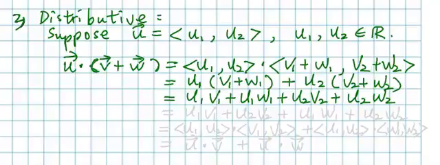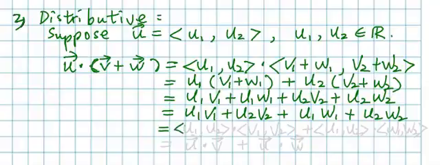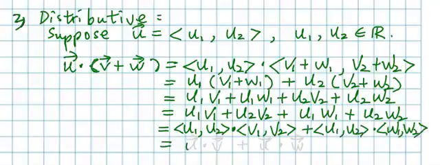We will rearrange the terms to get u1v1 + u2v2 + u1w1 + u2w2. Using the definition of dot product and going backwards, we have ⟨u1, u2⟩ · ⟨v1, v2⟩ + ⟨u1, u2⟩ · ⟨w1, w2⟩. That's the same as vector u dot vector v plus vector u dot vector w.